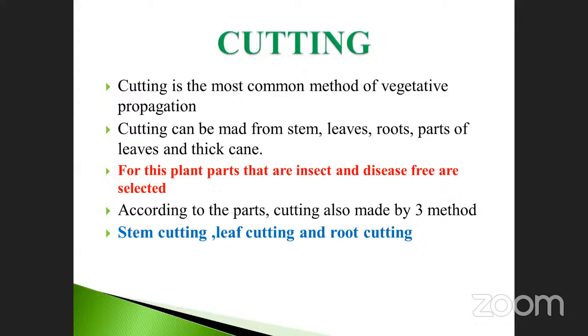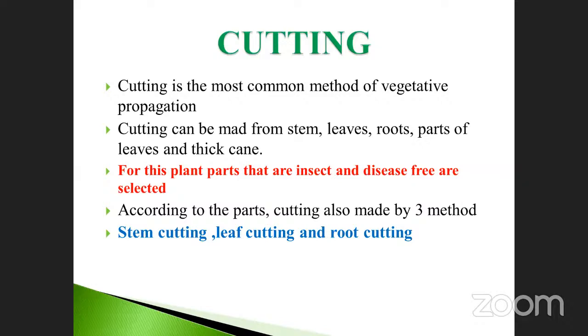First one is cuttings. Cutting is the most common method of vegetative propagation. For commercial purposes they are used.